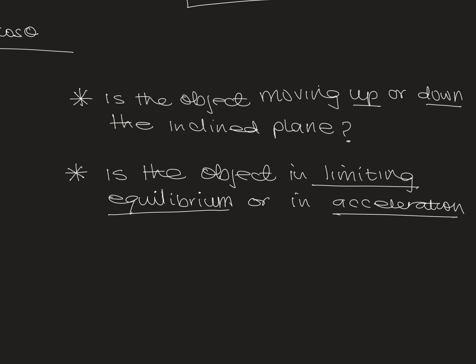And sometimes they will tell you the body is in static equilibrium, okay? But remember that limiting equilibrium is the maximum state of static equilibrium. All right, so to reiterate, it is important to differentiate whether the object is in limiting equilibrium or in acceleration, because that will determine the nature of the equation that you have to form.